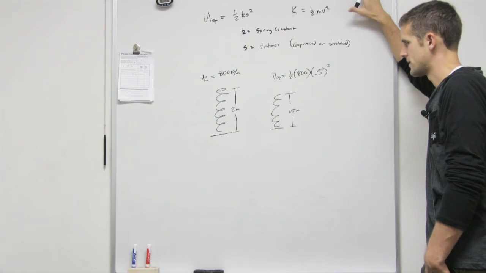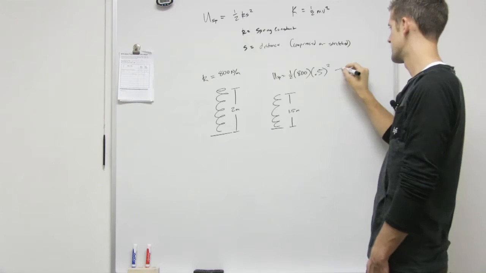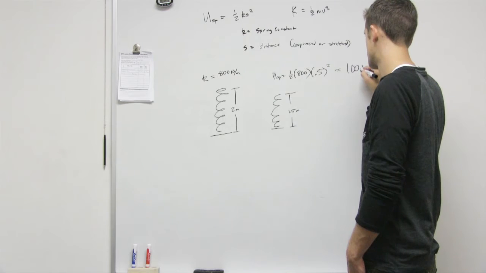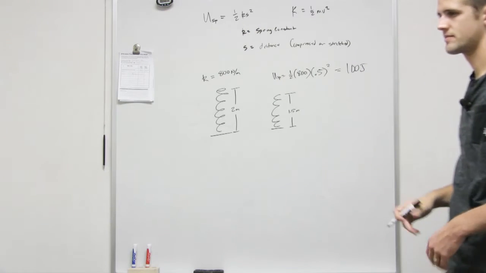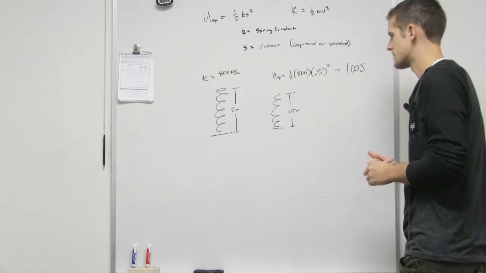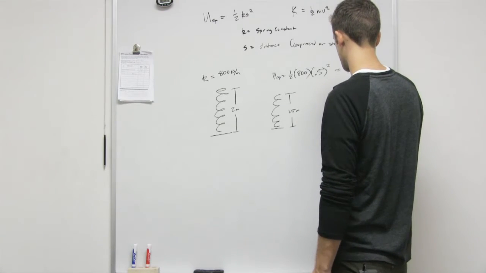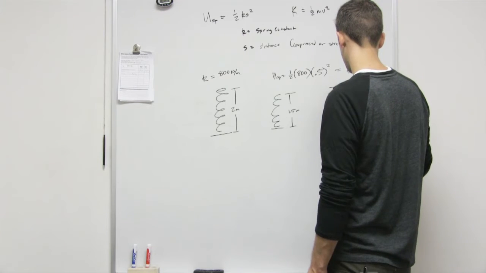So that'll be 0.25 times 800. So that's 200 times a half. This would be 100 joules of potential energy for that spring. And then the same thing, what if you took that spring and instead you stretched it out to 4 meters?